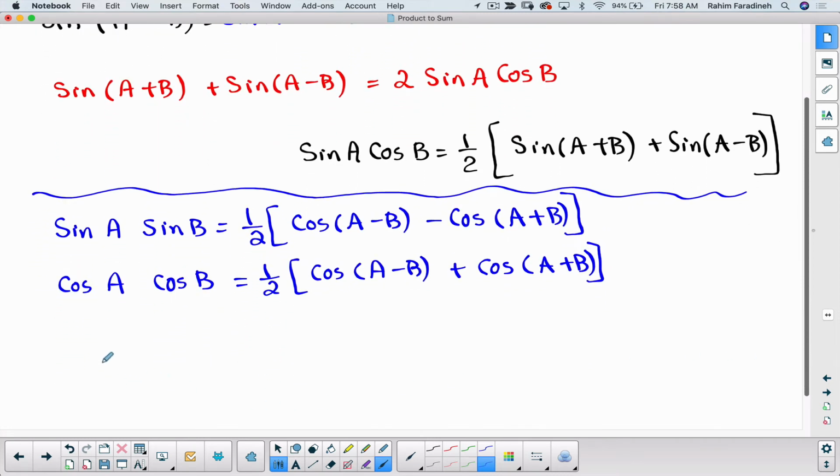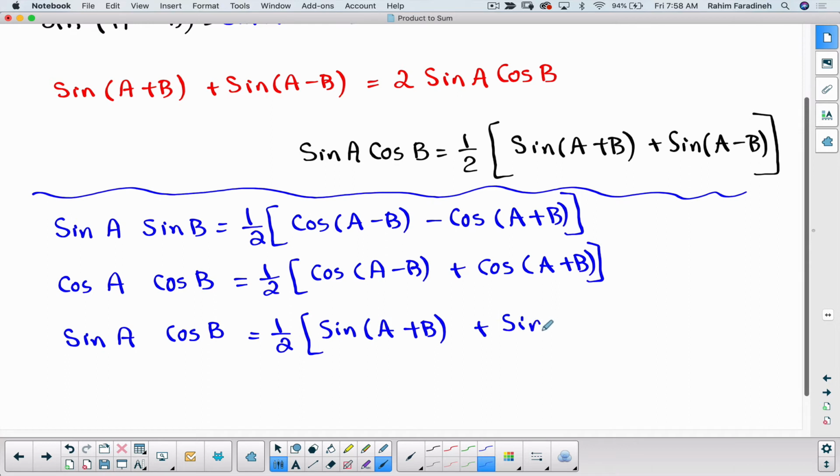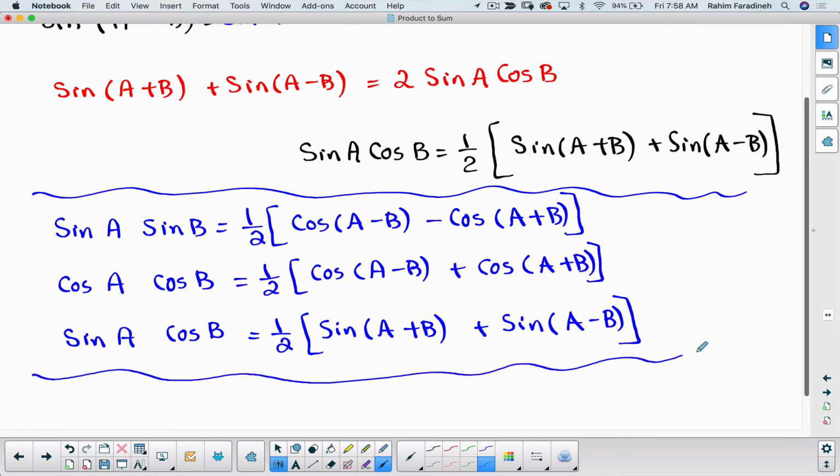And we also found a relationship between the product of sine and cosine. Sine a cosine b is equal to 1/2 times sine of a plus b plus sine of a minus b. These formulas are referred to as product to sum formulas.